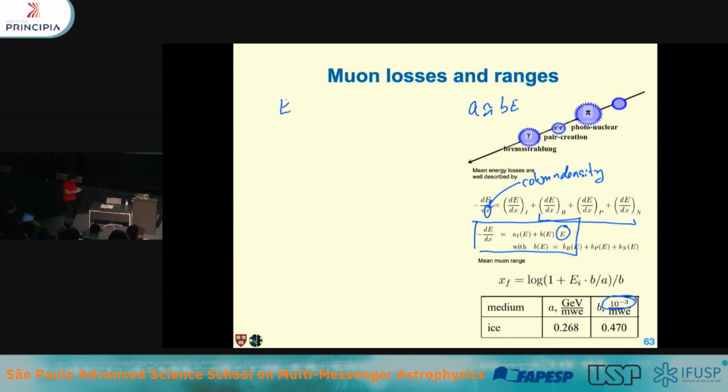So for muon energies below a TeV, more or less, I can think that the muon energy loss is approximately equal to a constant. So in that energy range, how does the muon length depend on the muon energy? This should also be easy.